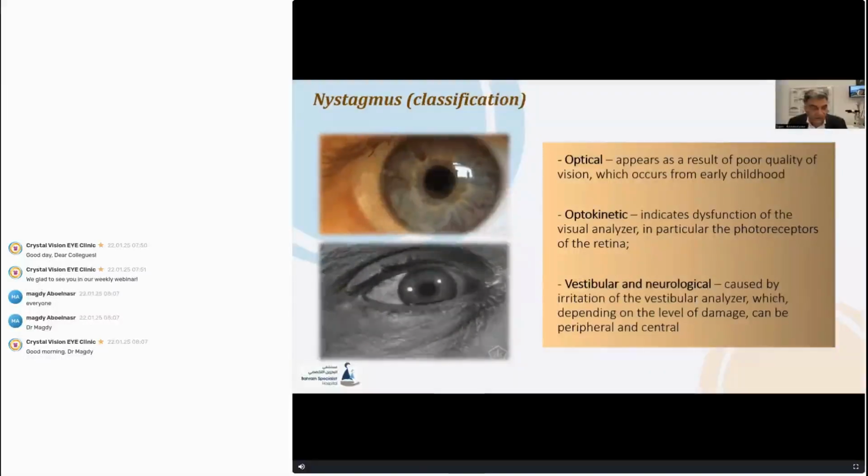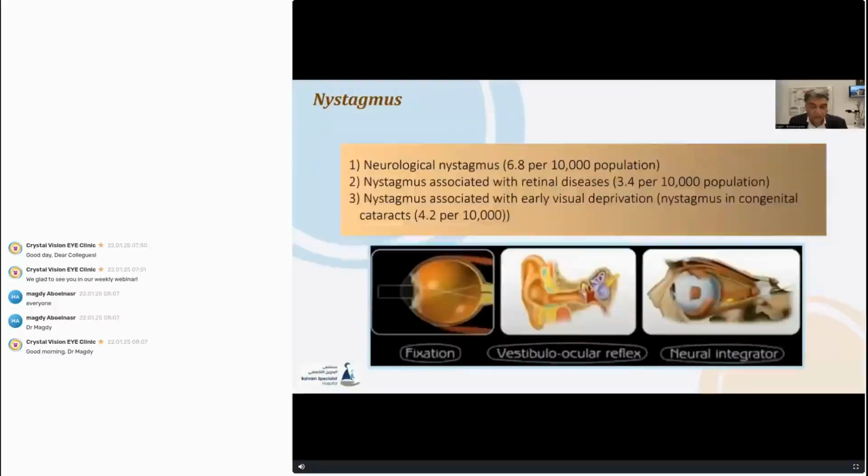In various neurological pathologies, the most common form is neurological nystagmus, at 6.8 cases per 10,000 population. Followed by nystagmus associated with early visual deprivation, so-called fixation nystagmus.